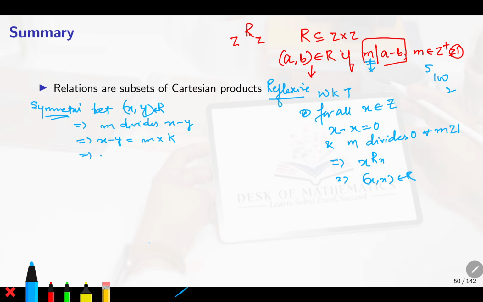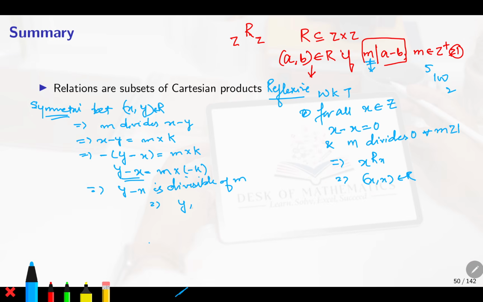Taking the minus common, y minus x is equal to m times some number k. So y minus x can be written as m times minus k. You can check y minus x is also a multiple of m, so y minus x is divisible by m, because m is a factor. That means y is related to x.